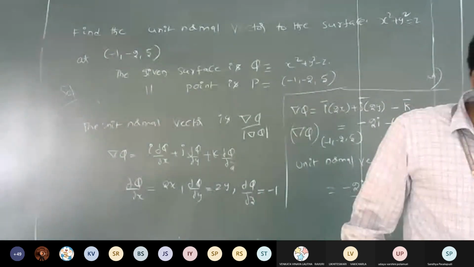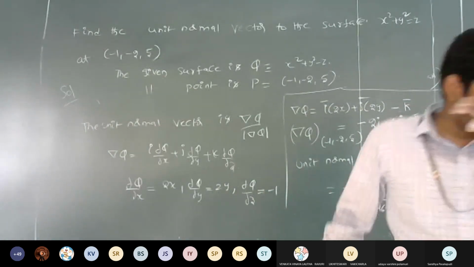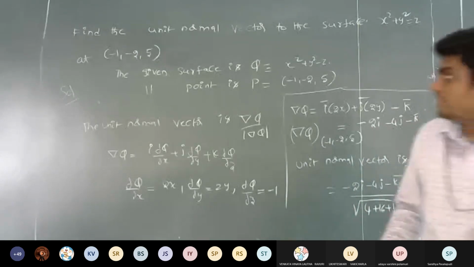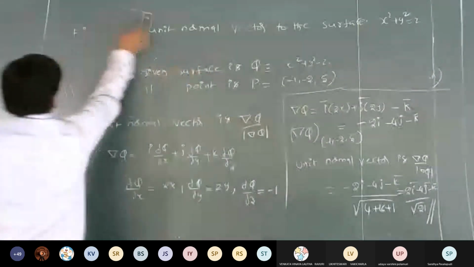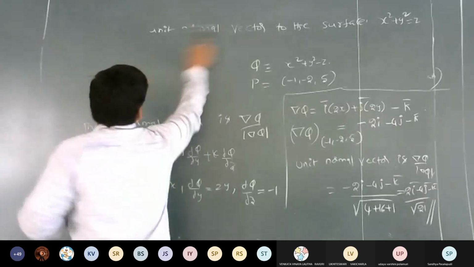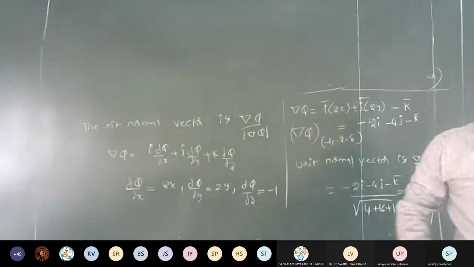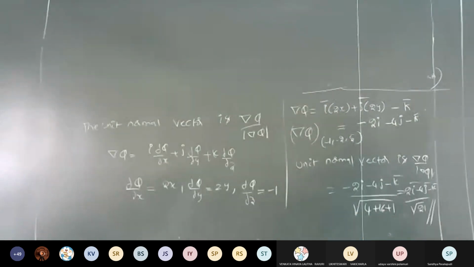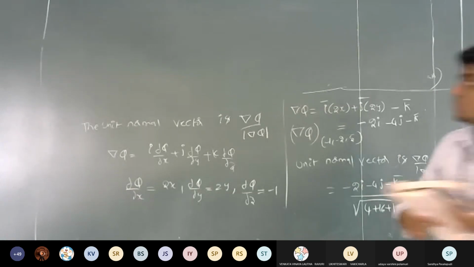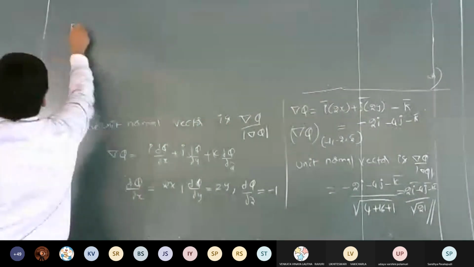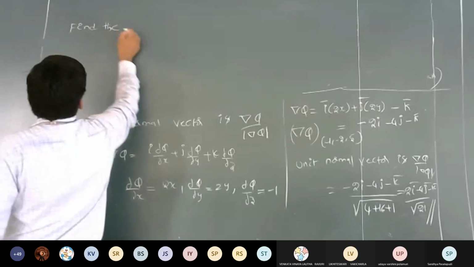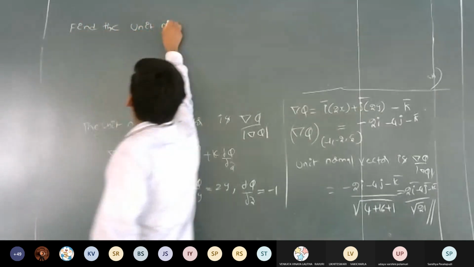Yes. So write down the problem, and we will discuss this problem in the next session. But these are the problems related to the unit normal vector. Write down one more problem related to the unit normal vector, and it is left for your homework. So you have to work out the problem, then you will get full clarity about the unit normal. It is a very easy one.